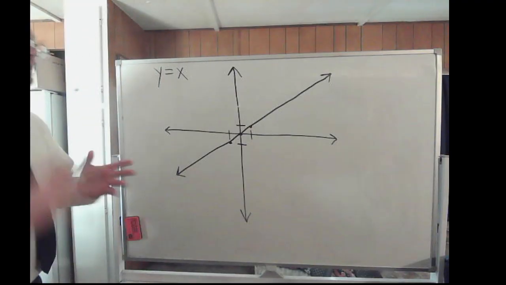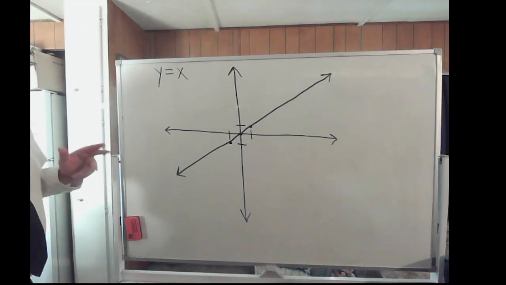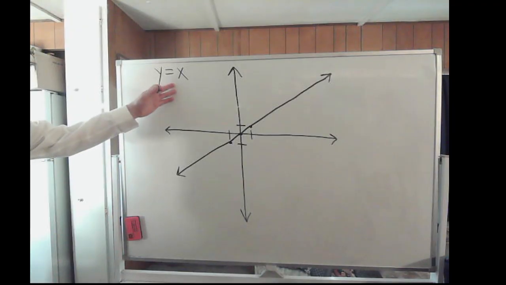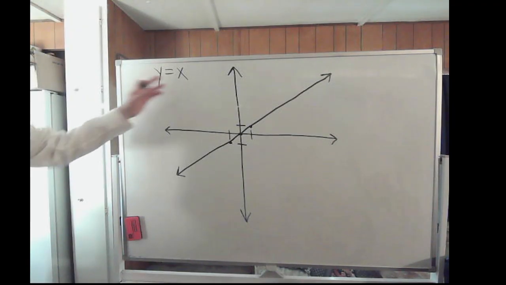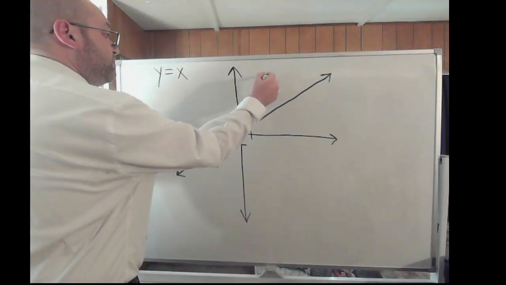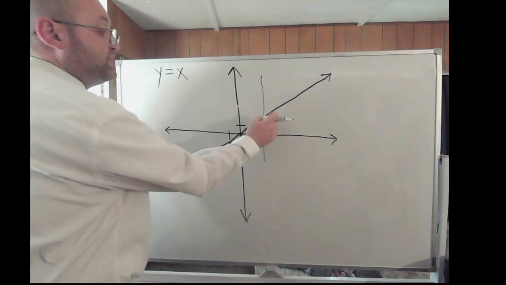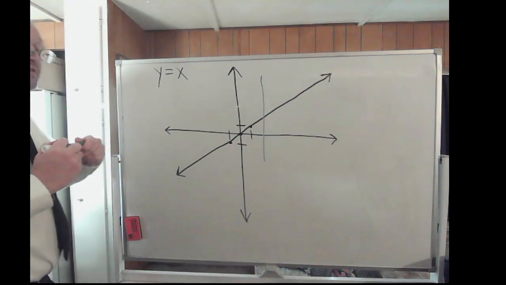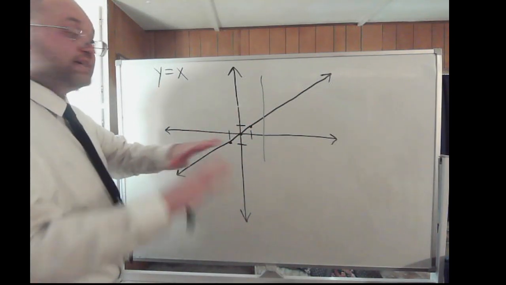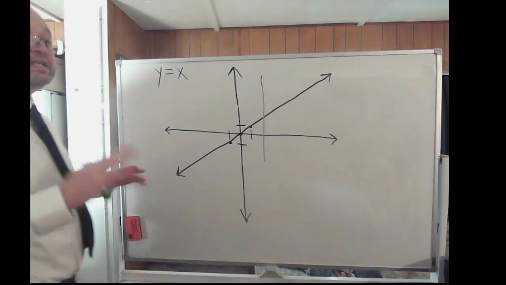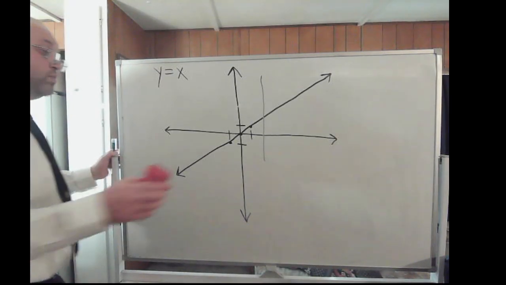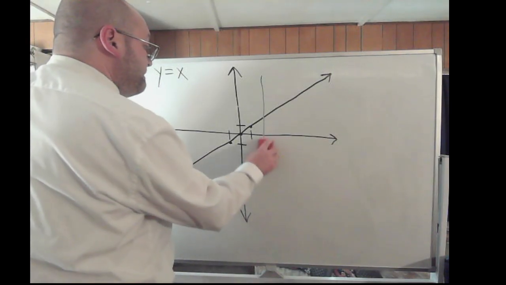How do we tell graphically if a line or an equation is a function? It's called the vertical line test. If you could take a vertical line and it only intersects the line, or the figure itself, at one point, if it intersects at one and only one point, it's a function. If it intersected at more than one point, it's not a function.